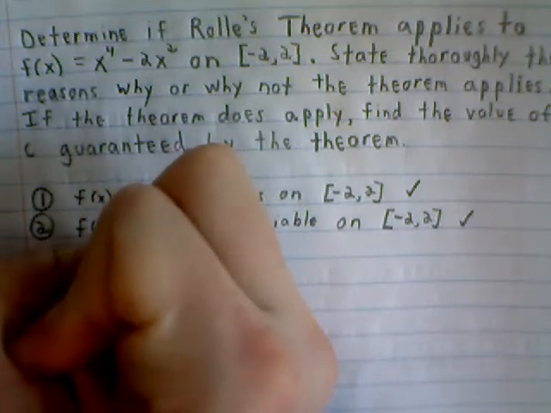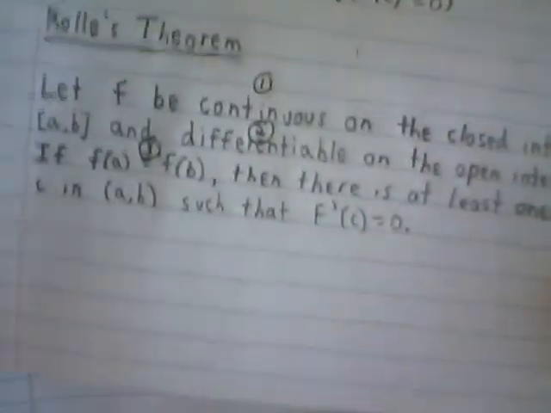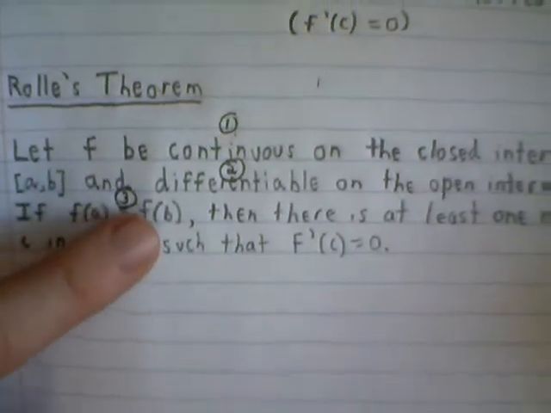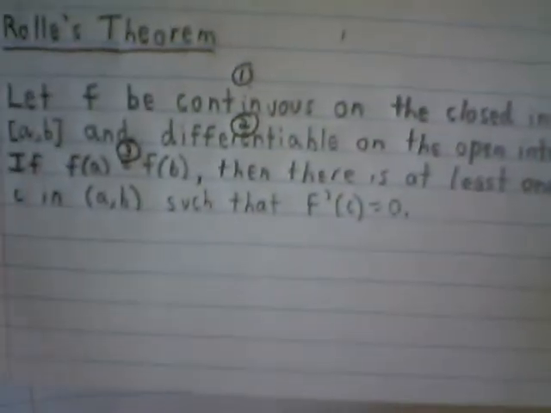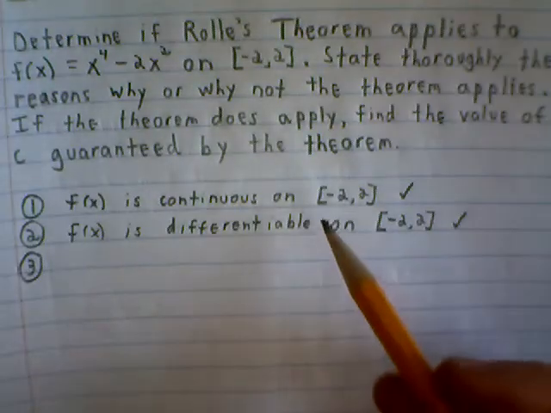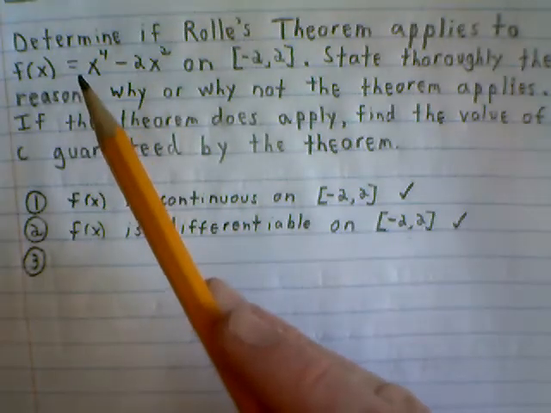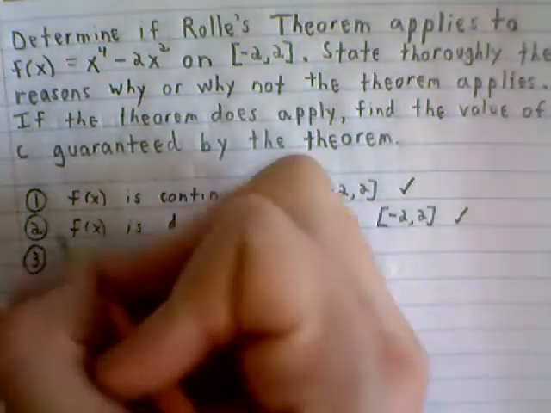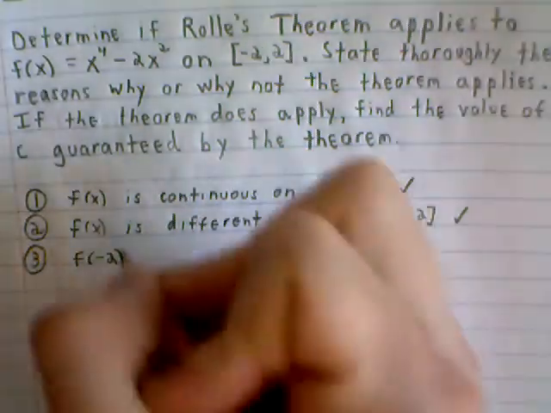All right, third condition, I have to check that. So I'm on 3: the y values at the endpoints are equal. What we do for that is take the x values of the endpoints and plug them in to see if I get equal y values. So I'm going to take f of -2 and plug it in.